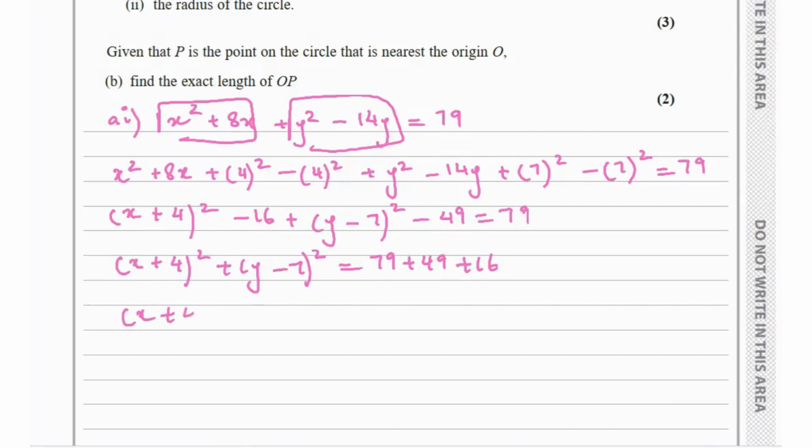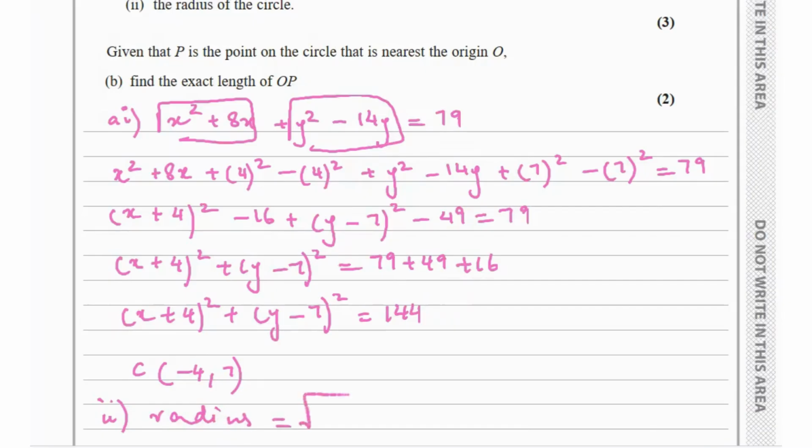So x plus 4 whole squared plus y minus 7 whole squared equals 144. So your coordinates of the center are -4 and 7. And then your radius is going to be root of 144, which is 12.